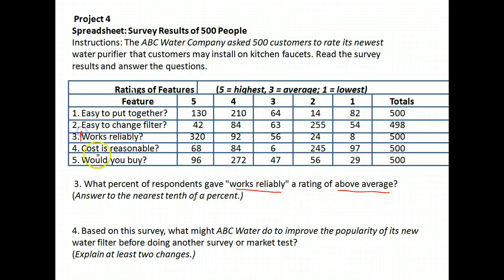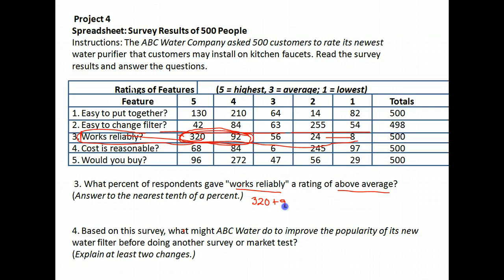We want the works reliably, so we're on line 3 here because that's what they're asking about. Now they want to know what percent gave above average. Since 3 was average, above average would be 4 and 5. Those are above average.